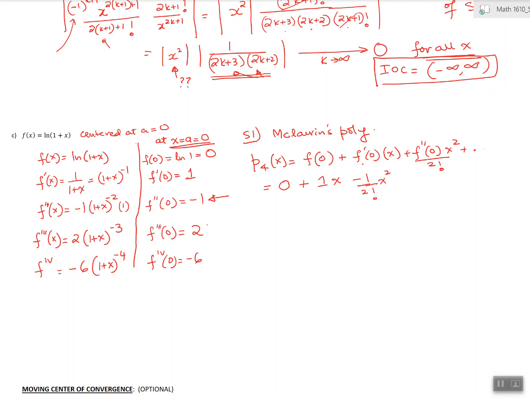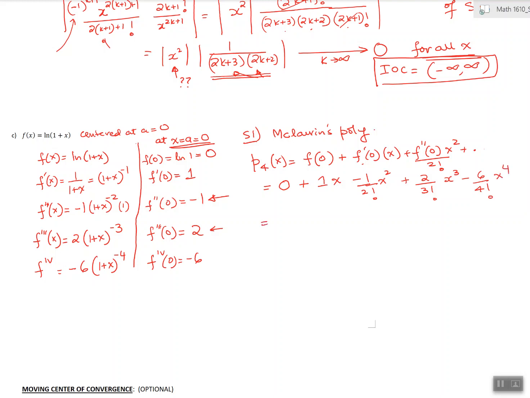Then the third derivative is plus 2 over 3 factorial x cube, and then the fourth one would be minus 6 over 4 factorial x to the power 4.